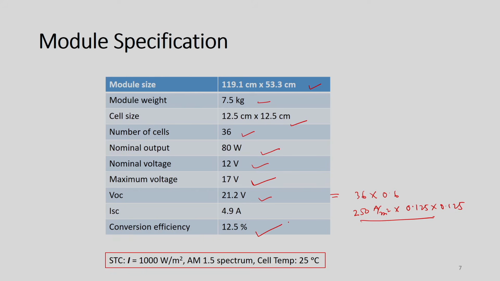Conversion efficiency is normally 12.5%, and these values are found under standard test condition, where intensity of solar radiation is 1000 watt per meter square, spectrum of 1.5 and cell temperature of 25 degree C.